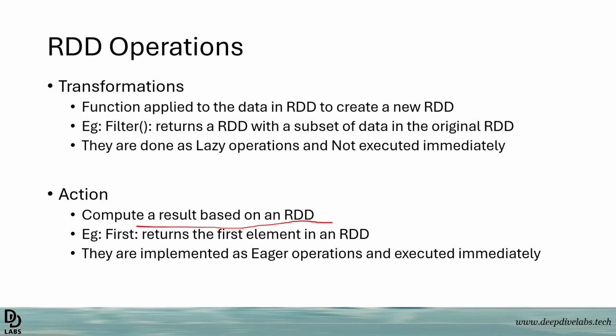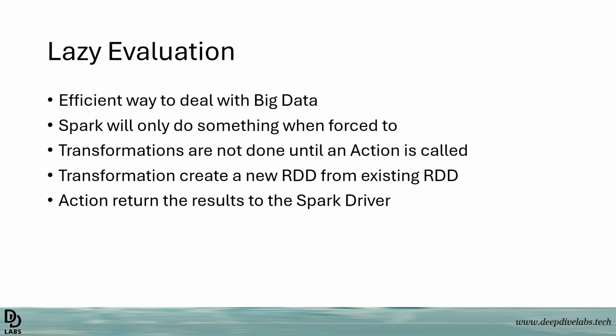For example, if you are doing first on an RDD, think of the RDD as a data frame, it returns the first element in the RDD. Most of the actions are implemented as eager operations, which means they are executed immediately. So we saw the two RDD operations: transformations and actions.